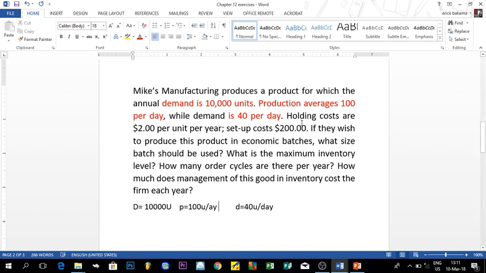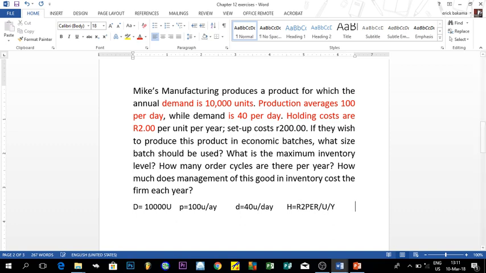Now they say that the holding cost is $2 per unit. So we have H equal to $2. As I said again, let's keep all the prices here in rand for a good understanding. So the holding cost is equal to 2 rand per unit per year.